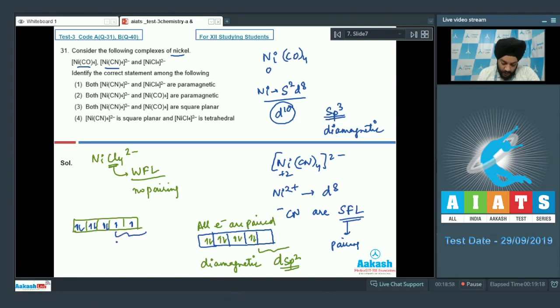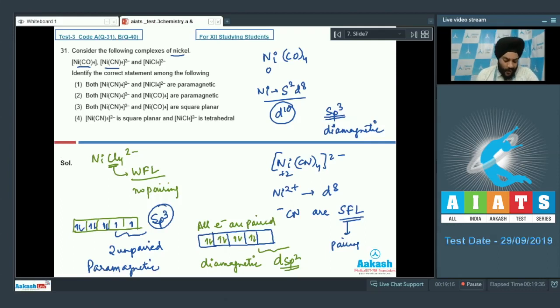So there will be 2 unpaired electrons. So it is going to be paramagnetic. Whereas the hybridization is going to be sp3, as there is no pairing in this case. So d orbital is not available for hybridization.